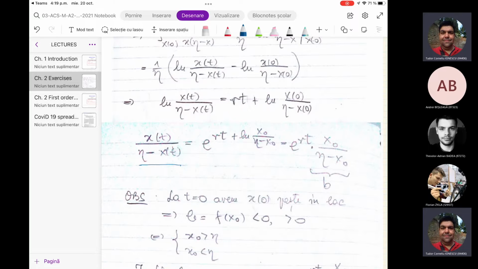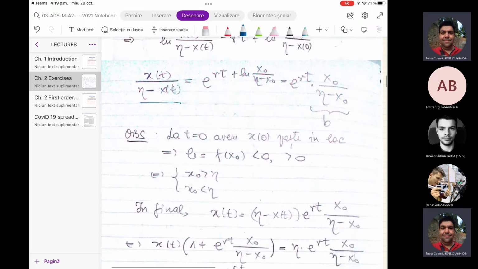This is very much like the Riccati equation, but however, it's all different. We have a remark here, an observation, that for t equal to 0, we have the initial condition x naught fish in the lake, in the pond. Okay, initially.